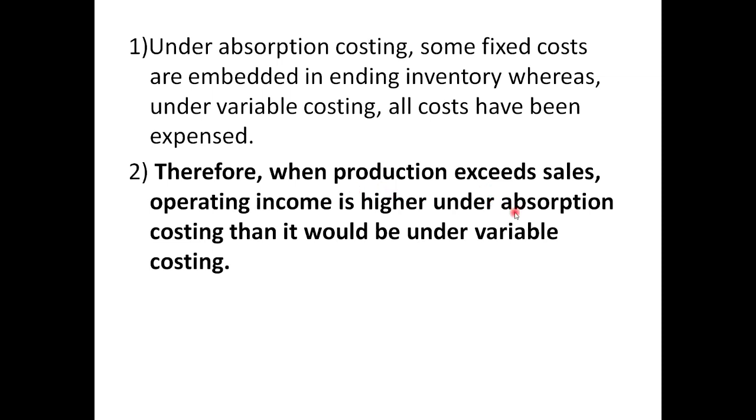Under absorption costing, we subtract the part included in the units sold, while the part of fixed manufacturing overhead that exists in the ending inventory will not be subtracted. However, it will be reported on the balance sheet under inventory.